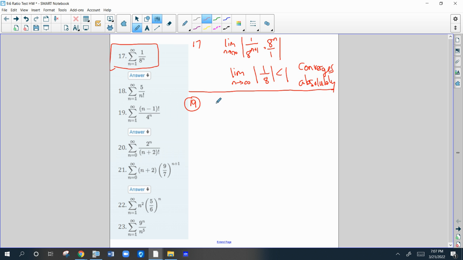Number 19 looks a little bit more complicated. We'll take the limit of m plus 1. So we have m plus 1 minus 1, which is n, factorial, over 4 to the n plus 1. This is all absolute value divided by this, so multiply by the reciprocal.